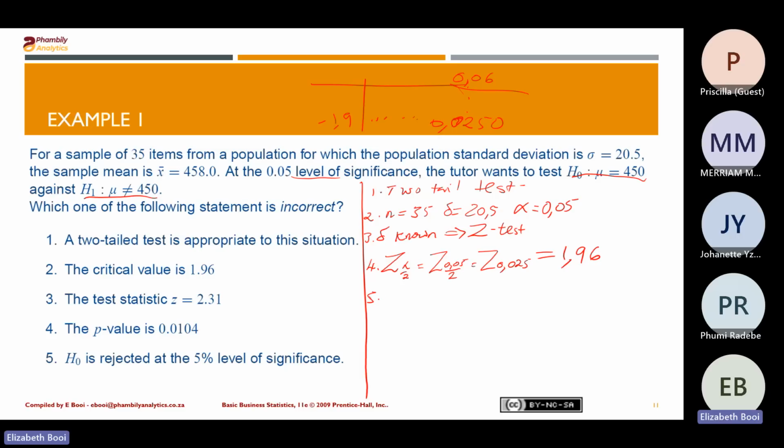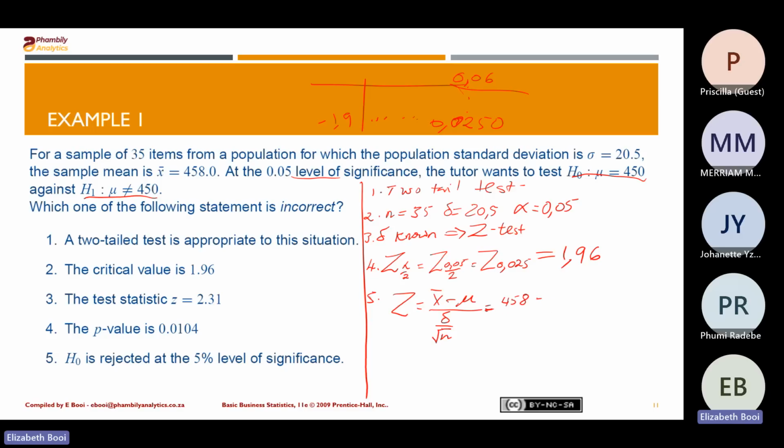Step number 5, it says, calculate the test statistic. I'm doing a Z, so therefore my Z will be the sample mean minus the population mean divided by the standard error. And here, my sample mean is given in the question somewhere. There, the mean is 458.